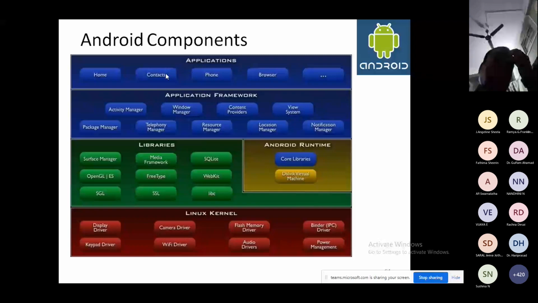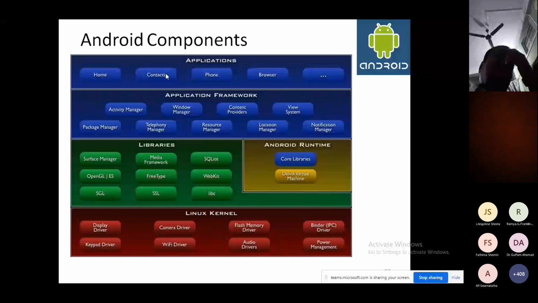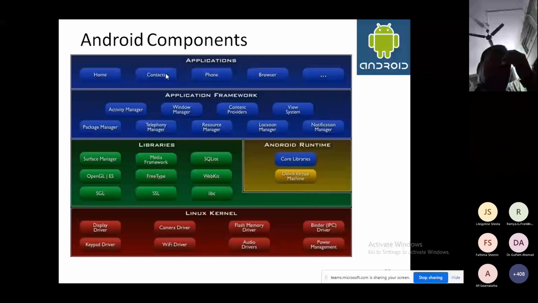The Android runtime includes the core libraries and Dalvik virtual machine, and libraries like Surface Manager, OpenGL, SGL, Media Framework, FreeType, SSL, SQLite, WebKit, and libc. The application framework includes the activity manager, window manager, content provider, view system, package manager, telephony manager, resource manager, location manager, and notification manager. And applications are in home, contacts, phone, browser, and so on.